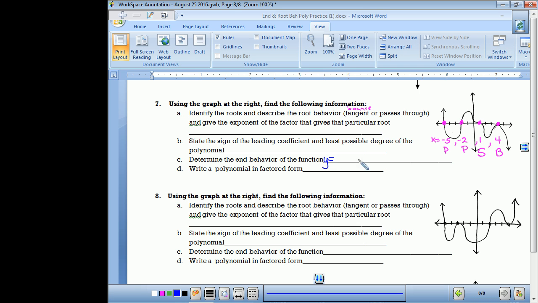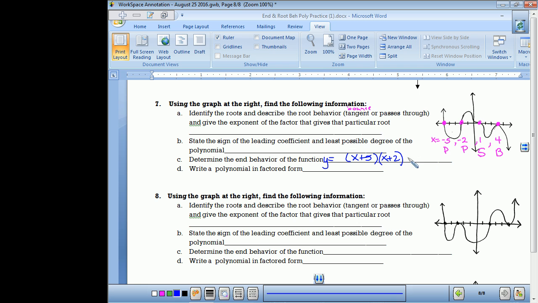Y equals, and I'm going to leave a little space because I have to come back at the end to decide if it's positive or negative. If negative 5 is my x-intercept, what is my factor? Positive 5. x plus 5. That passed, so it's to the first. If negative 2 is my x-intercept, what is my factor? x plus 2.